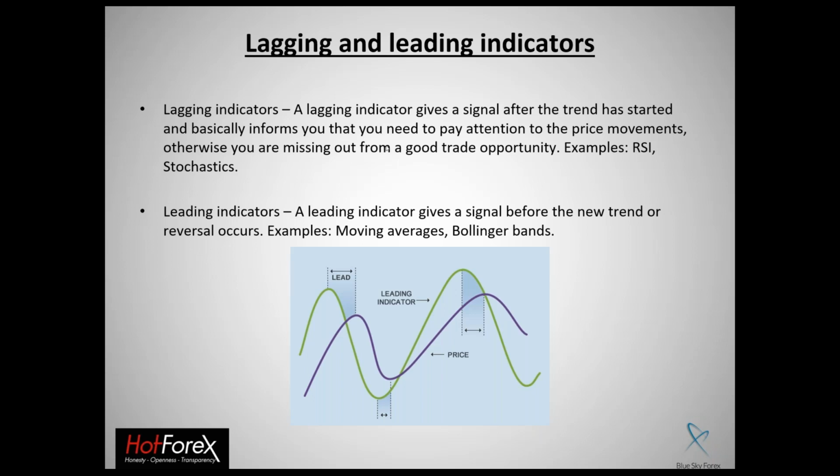So after the price starts moving in a certain direction or starts behaving in a certain way, the lagging indicator will take a bit of time and then tell you to pay attention to what the price is doing at the moment, because you might be missing out on a good trading opportunity. Okay. A few examples are the RSI and stochastics.